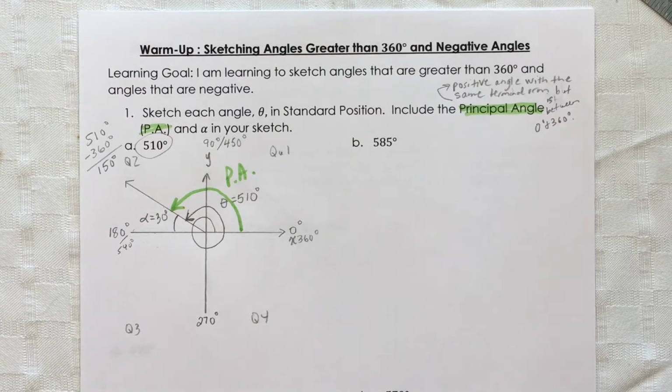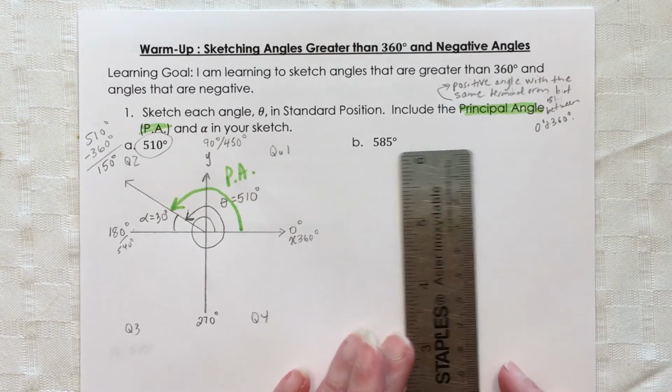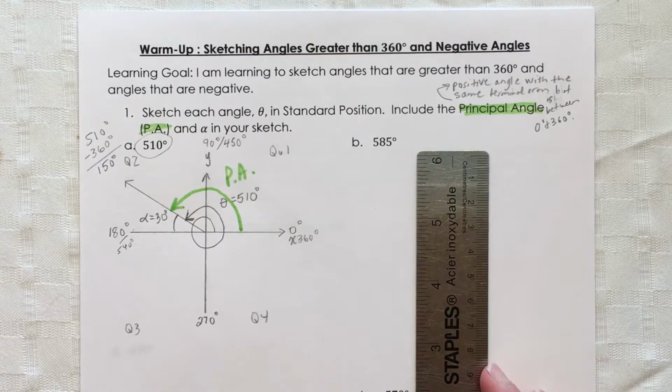All right, so the next angle we want to draw is 585 degrees. So I'm going to draw an XY axis again.